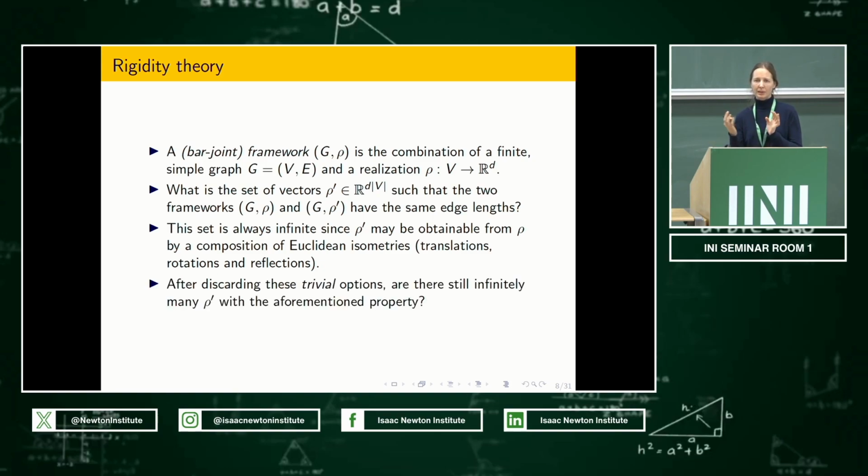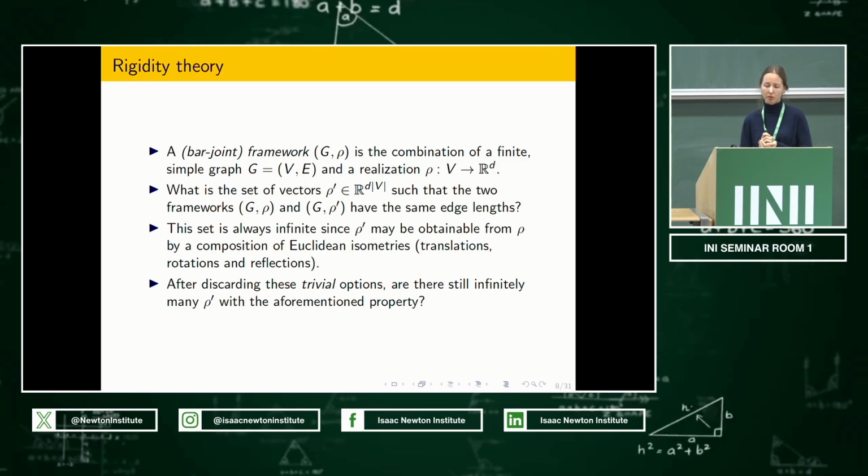So we will always work up to this Euclidean isometry. So we are interested, after discarding these trivial options, in whether there are still infinitely many realizations with the property that the frameworks have the same edge lengths.